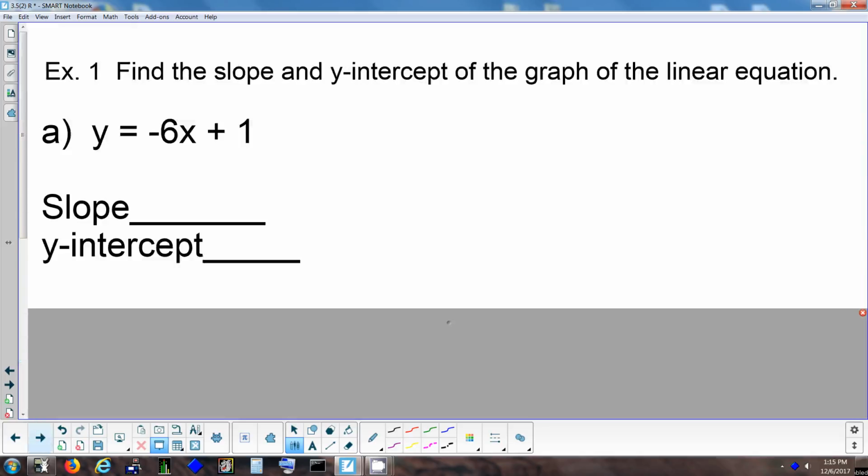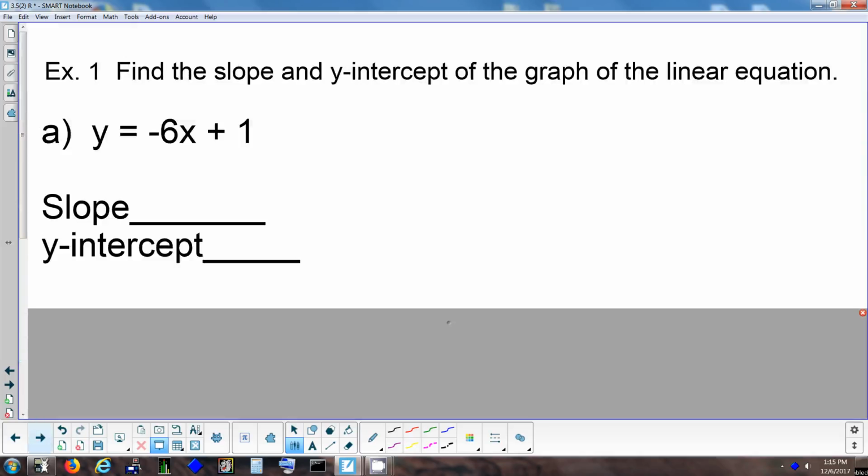Okay, so the first example asks us to find the slope and y-intercept. First of all, is that equation written the right way? Is everything where it's supposed to be? Yes. So now you should be able to look at that and know what you're looking for. Where is the slope?